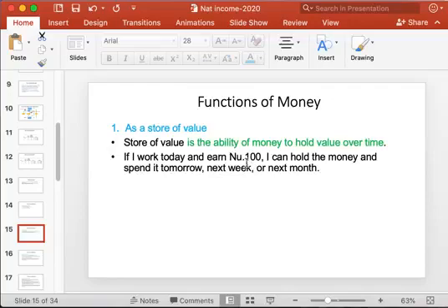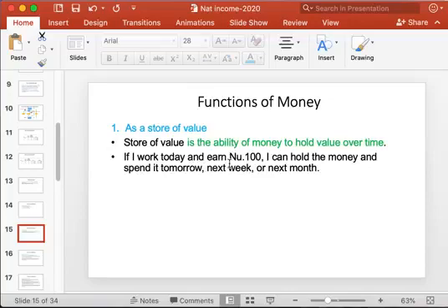For example, if the purchasing power of money remains the same till next week, then whatever quantity of goods and services that you can purchase now, you can purchase that same quantity of goods and services next week.